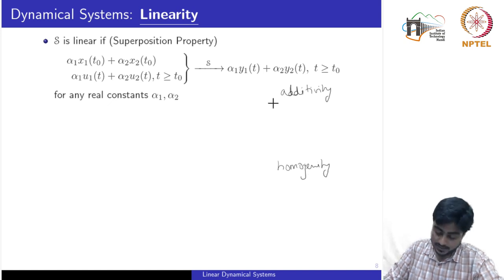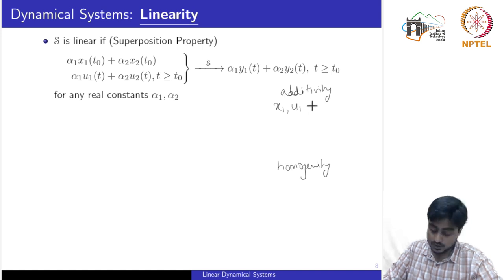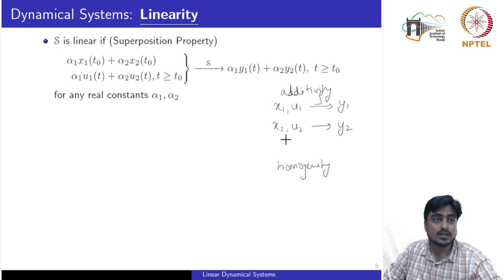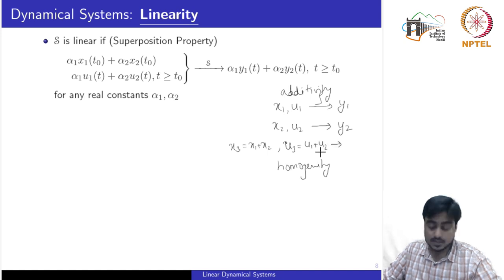Additivity says that if we apply x1, u1 to any dynamical system S and we obtain the output y1, and if we apply x2 and u2 to the same dynamical system which gives us the output y2, then if we take the linear combination of the state and the input, that is to say we define x3 as x1 plus x2 and u3 as u1 plus u2, and apply this to the system S, then the output which we obtain, y3, should be y1 plus y2.